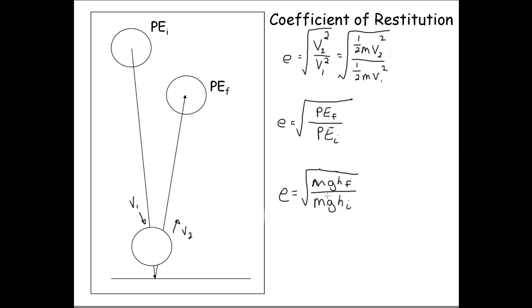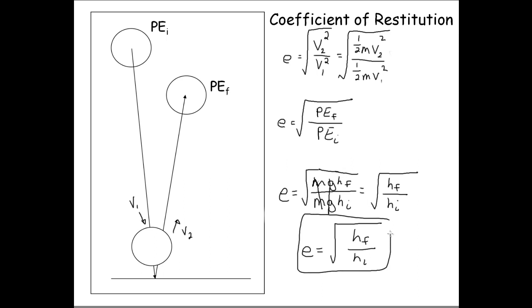And if you notice here, my m's will cancel and my g's will cancel, and I'm actually left with the coefficient of restitution equals the square root of my final height divided by my initial height. And that is much simpler to measure and calculate. And so the last equation, I'll just rewrite it, is e equals the square root of h final over h initial. And that's what we'll use in our labs.